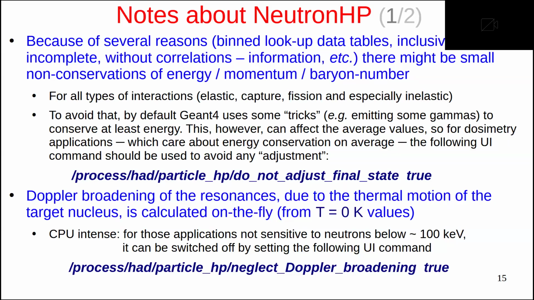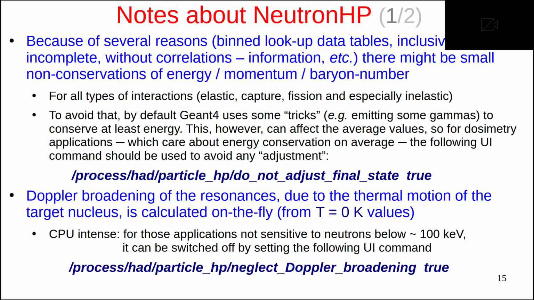But there are other cases, mostly in high energy physics, for instance, where we want to have energy, momentum and baryonic conservation for each interaction. In order to do that, given that the information coming from the experimental data is incomplete, we have to invent something. To conserve these quantities, we emit fake gammas that somehow balance the energy and momentum, but they are not real gammas.